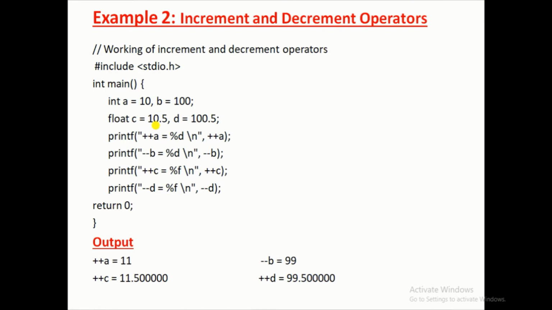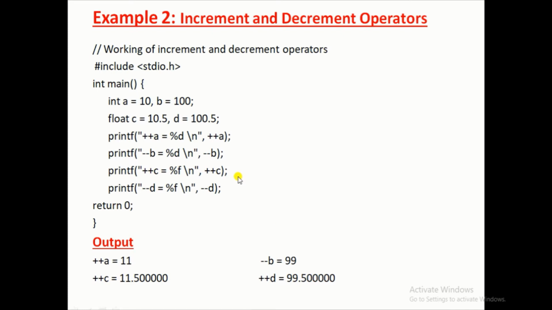At first the value of c equals 10.5, and doing the pre-increment operation we get 11.5. In a similar way it also decreases the value of d by 1. So we get the value of d equals 104.5, because the initial value of d equals 105, which we assigned at the time of initialization.